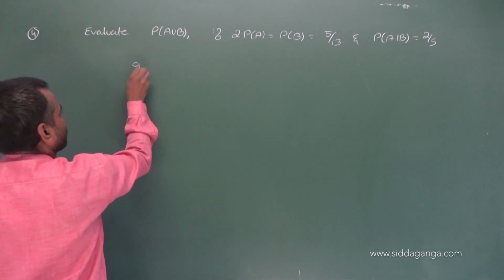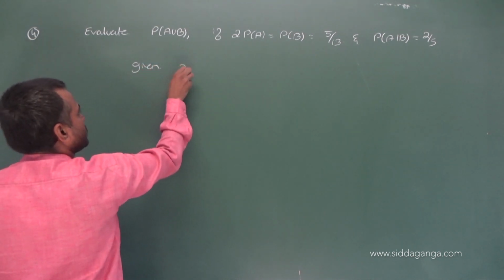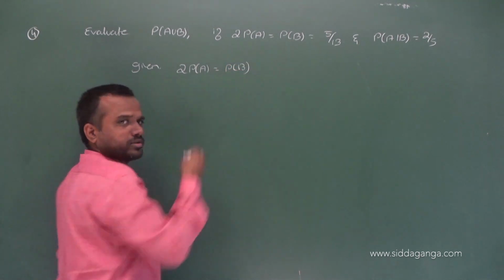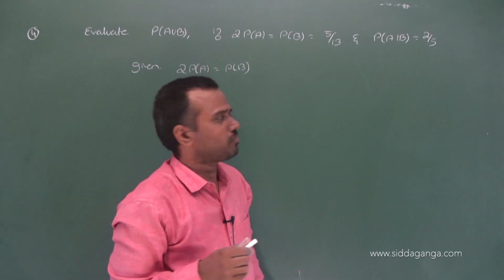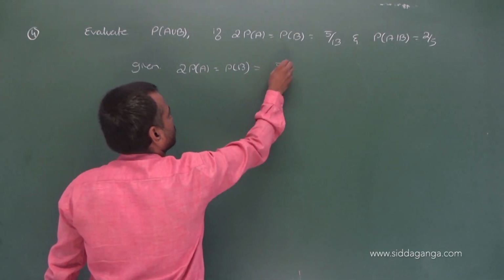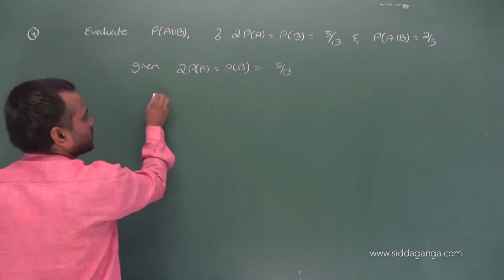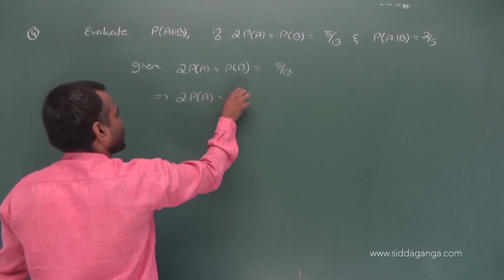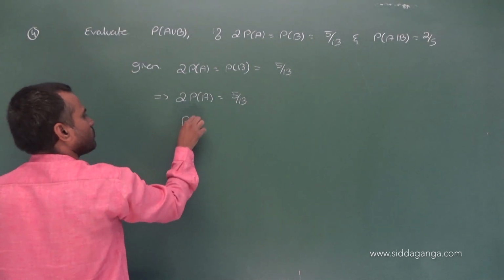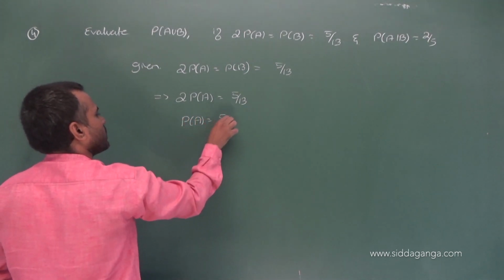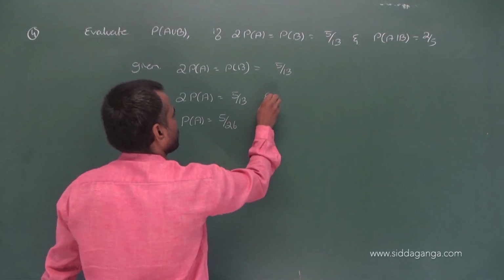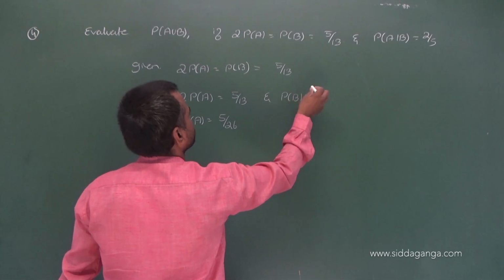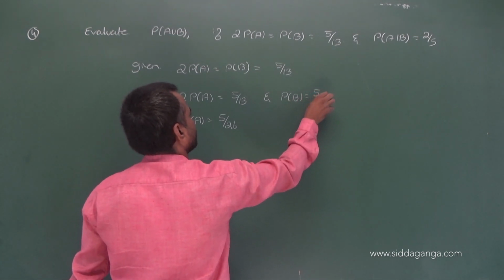That implies 2 into P of A is 5 by 13, so P of A is 5 by 26, and P of B is 5 by 13.